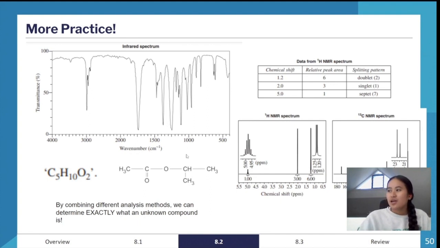Now, if we look at the most chemically shifted hydrogen, it would be this hydrogen here. That hydrogen is connected to a carbon that's connected to an oxygen, and then another oxygen here. So it'll be the most chemically shifted. And we can see that that hydrogen has 2 neighbors, and those neighbors have 3 hydrogens each. So that's 6 hydrogen neighbors in total. Those 6 hydrogen neighbors, if you add 1, that's 7, which means there should be a septet.